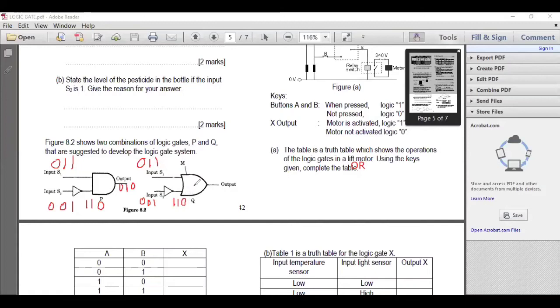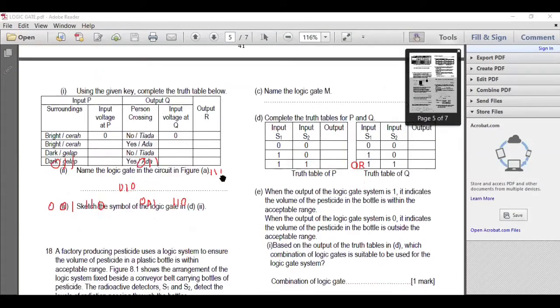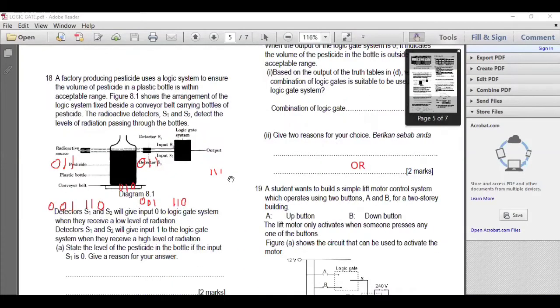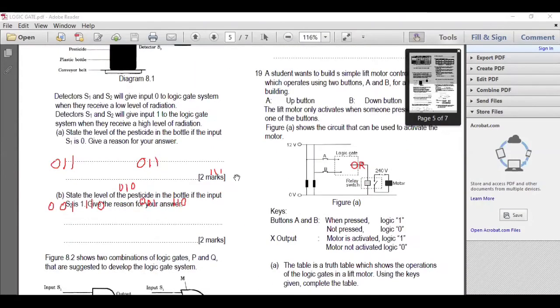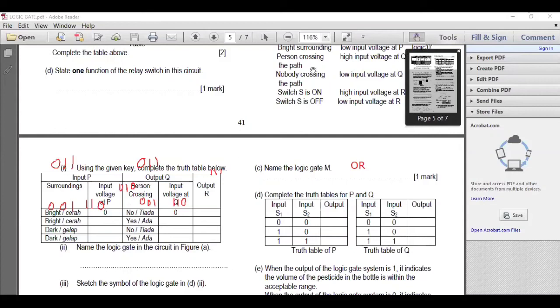For the OR gate, if either one is on, 0 and 1 will give you 1, 1 and 1 also give you 1, 1 and 0 also give you 1. So this one is 0, 0, 1, and this one is 1, 1, 1.